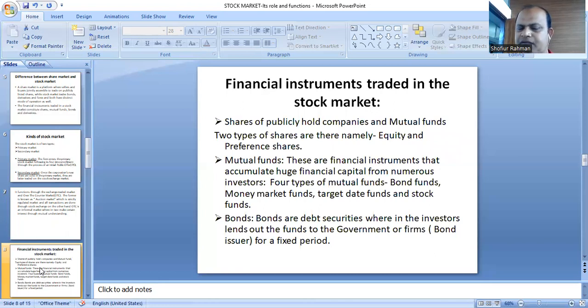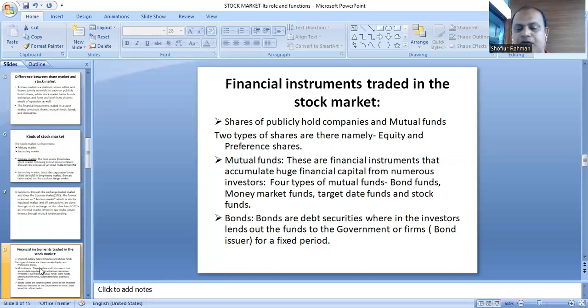Four types of mutual funds: bond funds, money market funds, target date funds, and stock funds. Generally, in common parlance, a layman knows about the mutual fund, whether he or she may not be knowing about the equity share, debentures, bonds, preference shares. Because the mutual fund companies make advertisements. If we go to any commercial bank, their public relation officer sometimes may suggest you to invest your money in the mutual funds.